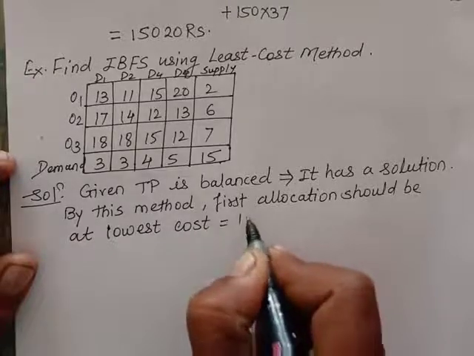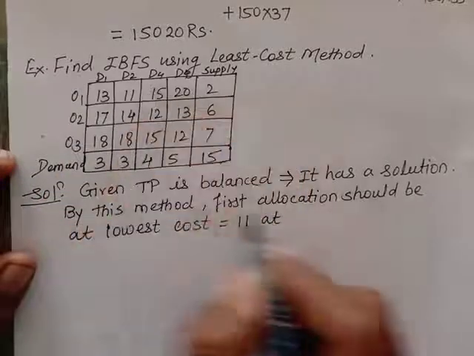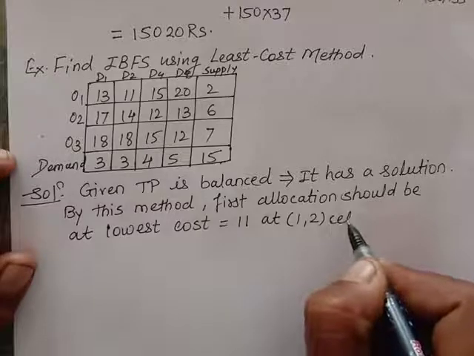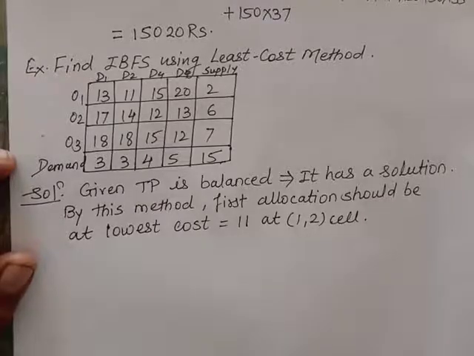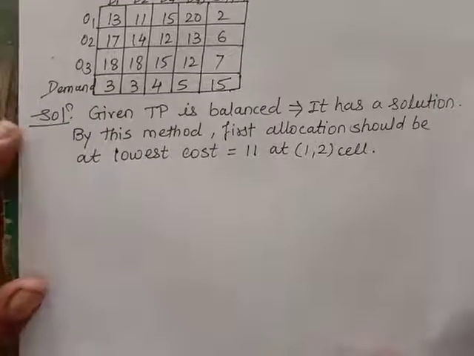That will be what? 11, and 11 is the lowest cost here, and that is at 1 to sell. So now let's prepare a table for that.